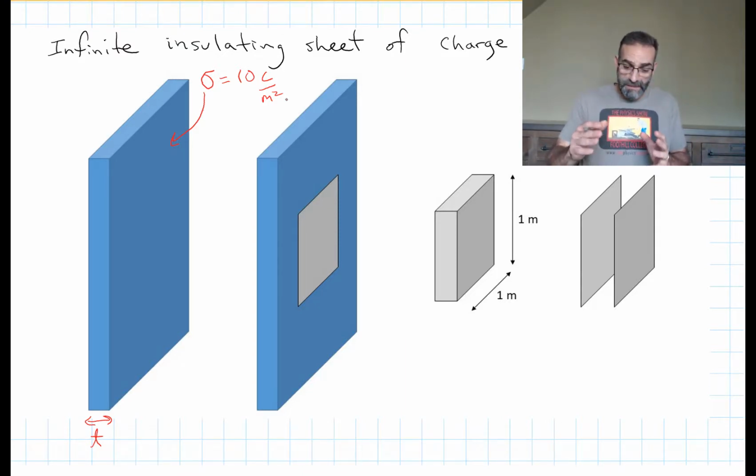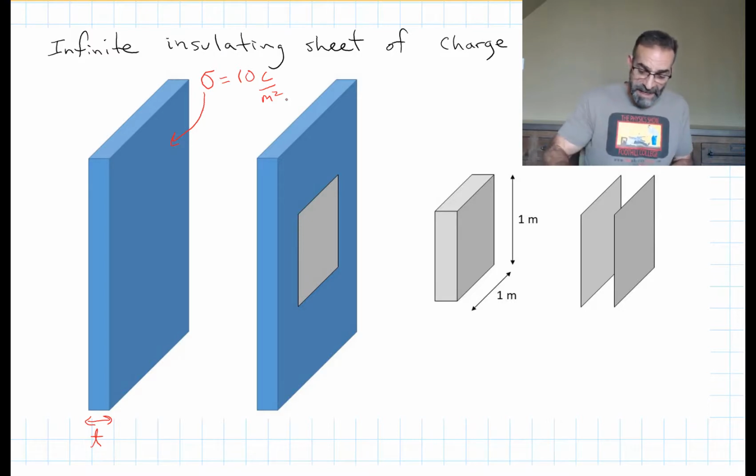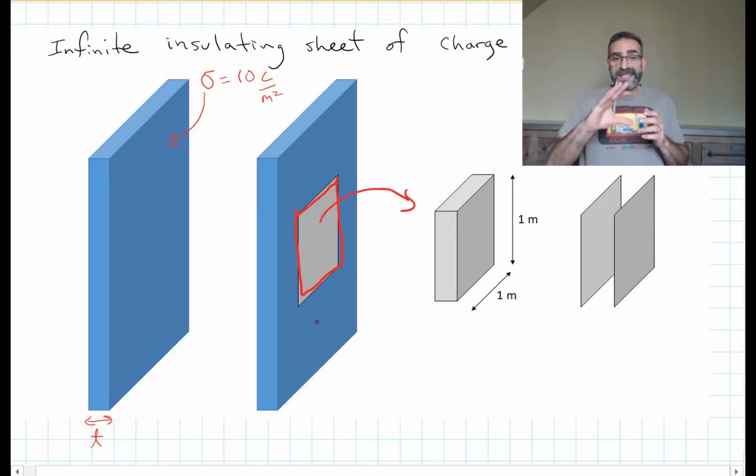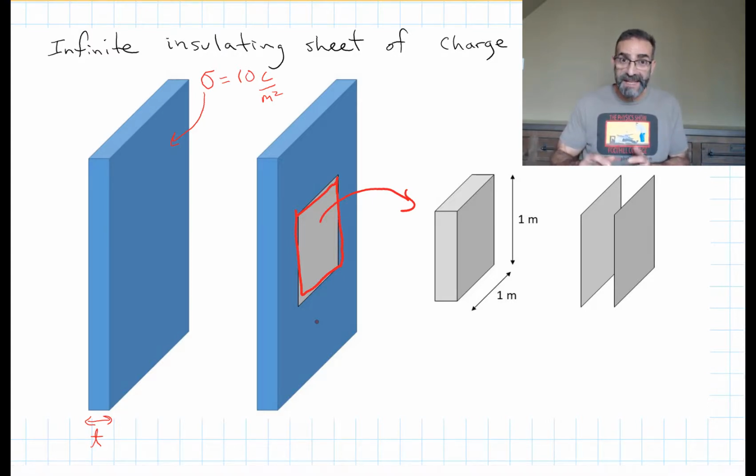If I take out my knife and cut a 1 square meter section out of the middle and remove it, it's got some charge on it.